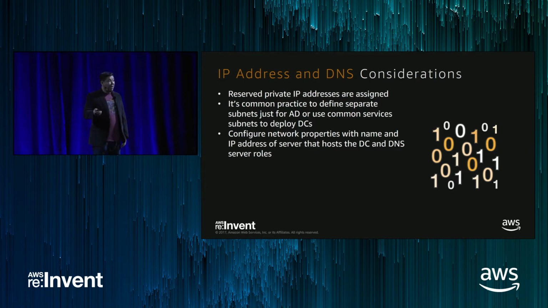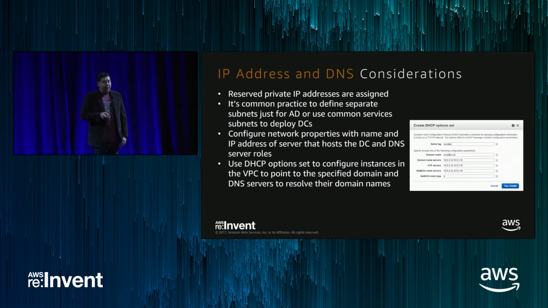And when you're installing member servers, you want to be sure to configure the network properties with the name and IP addresses of the servers or the EC2 instances running ADDS so that they can resolve the DNS names appropriately if you're leveraging Active Directory integrated DNS and authenticate against those domain controllers.